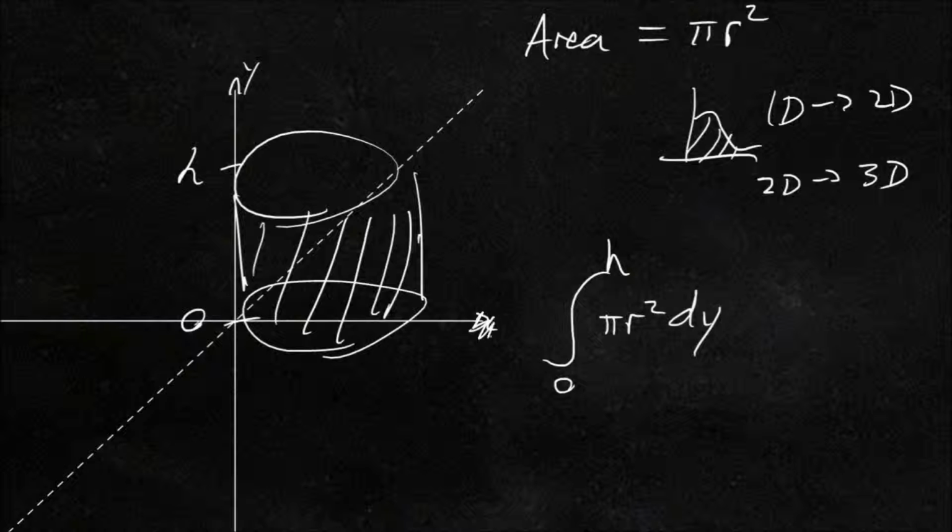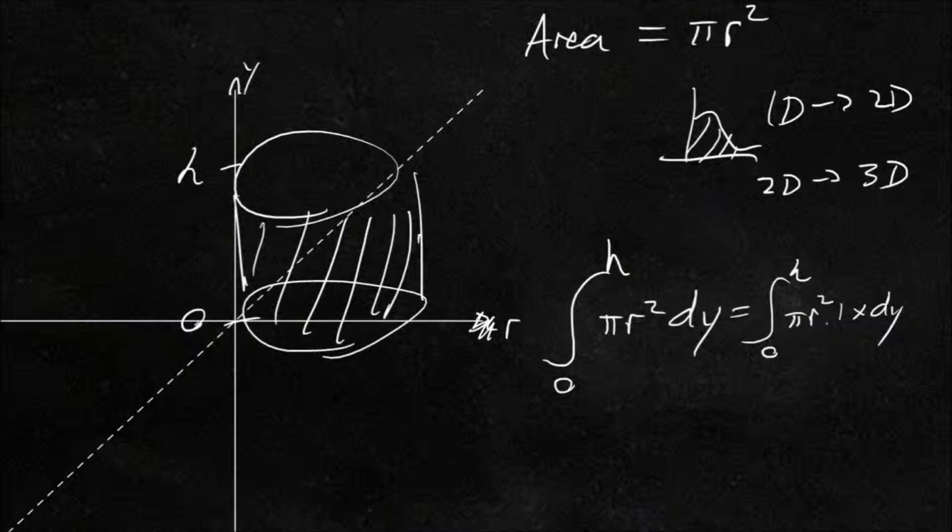And really this here should be r, but we're keeping that as a constant, and that's not actually being integrated here. So what we're saying is we're integrating from 0 to h of pi r squared, and there's no y value here, so what it really is is 1 times dy.